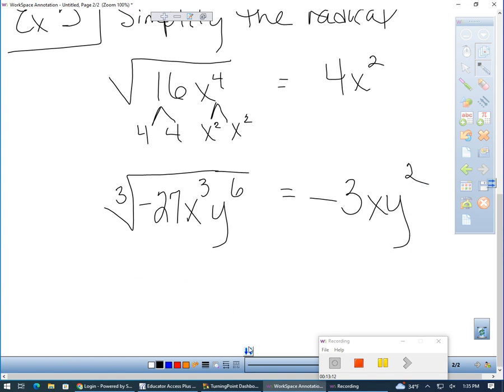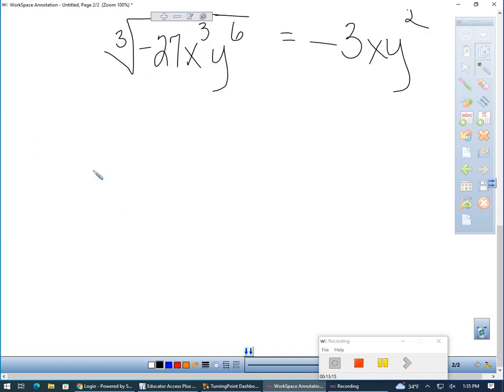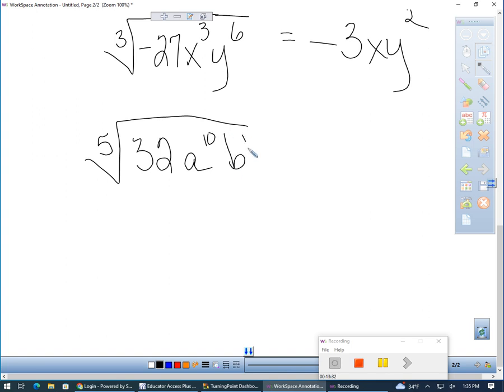All right, let's throw one more up here. How about the 5th root? So that's going to mean you need how many friends? 5. Good. So let's do 32 a to the 10th, b to the 15th.